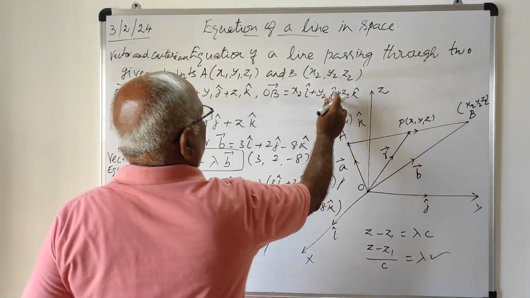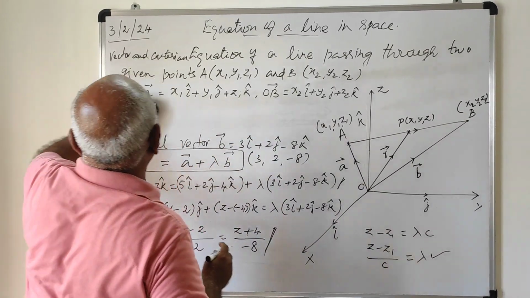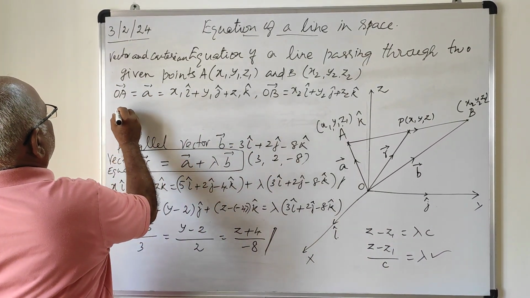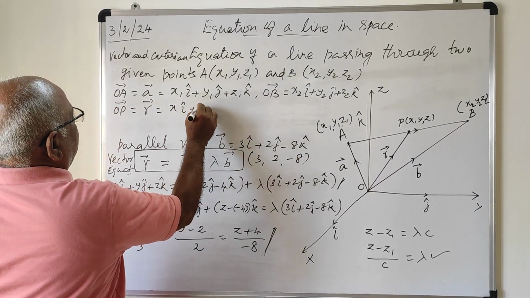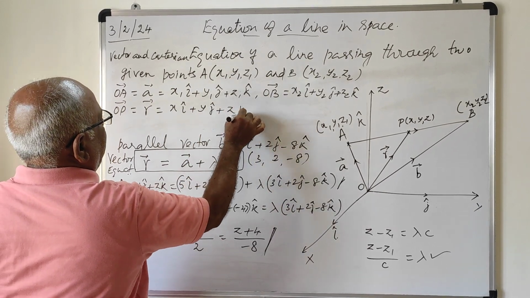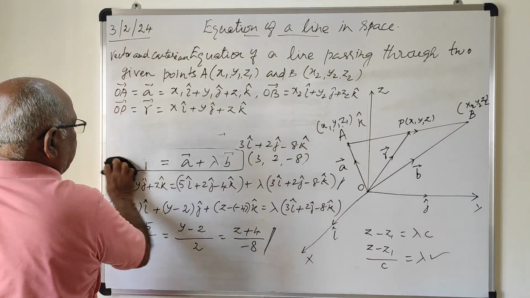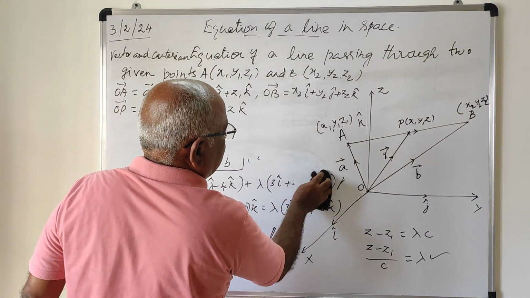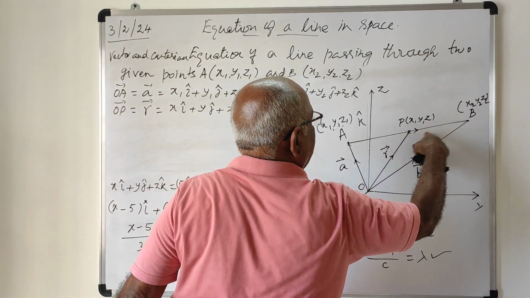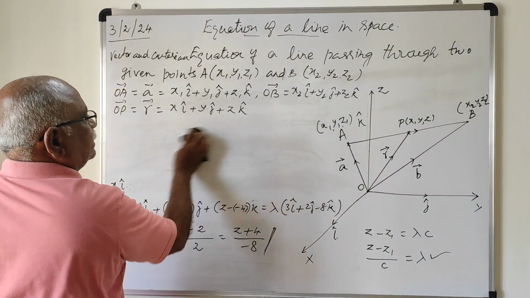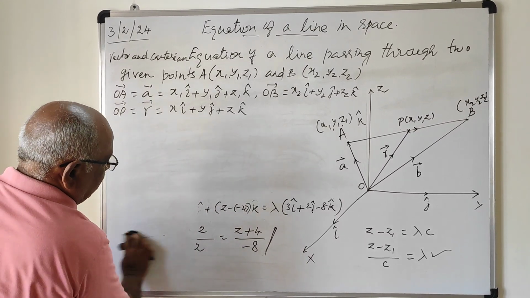And R vector is OP vector, that is nothing but xi plus yj plus zk. So now for the vector equation of the line passing through the two given points A and B, the three points A, P and B are collinear.